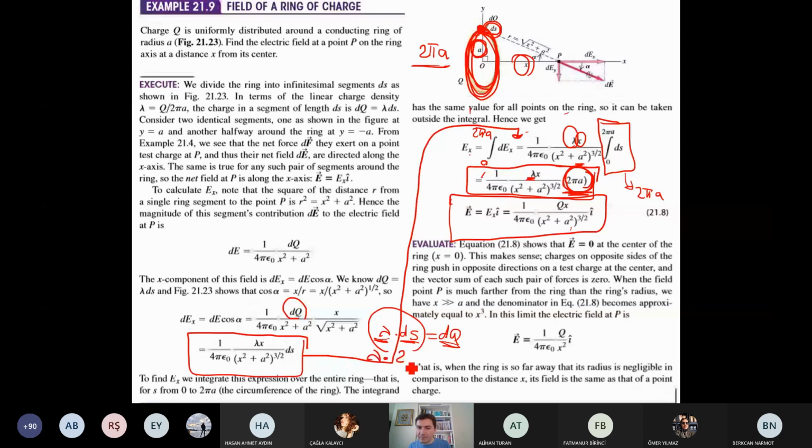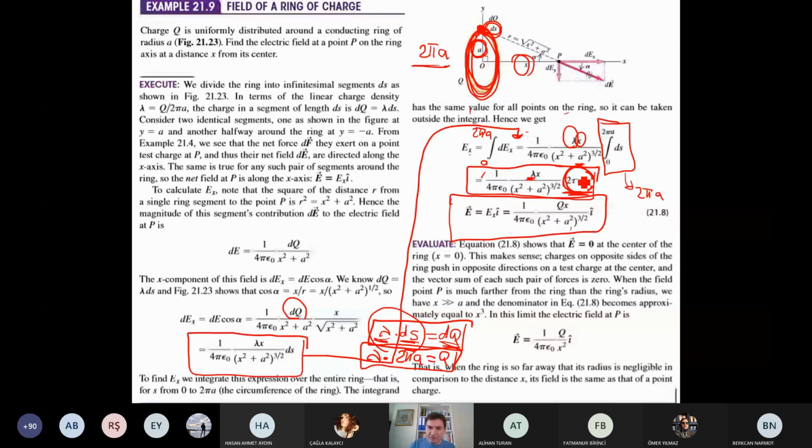This is q. This upper one is the charge of the small segment, but this lower one is the total charge of the system. Then lambda times 2 pi a gives us this q. Then I can get the electric field like this. Okay, so this is the solution.